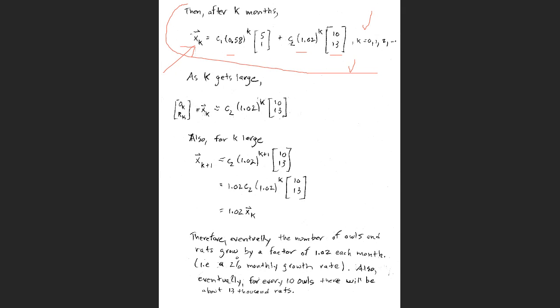Well, all we need to do is let k get large. We let k go to infinity to see the evolution of the system, but we note here that when k is large, the population of owls and rats is approximately equal to C2 times 1.02 to the kth power times the eigenvector 10, 13.